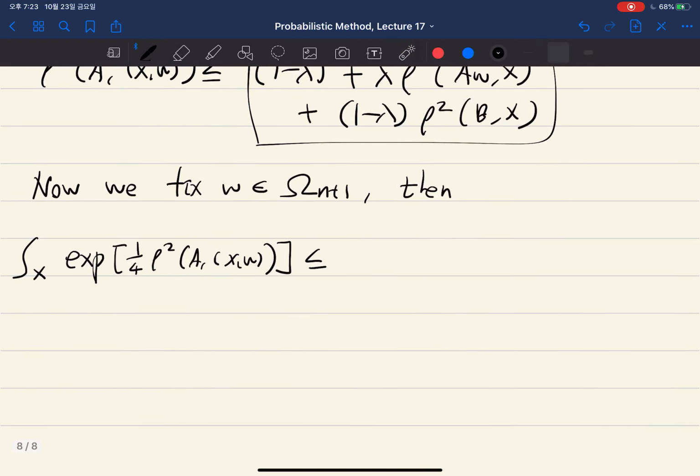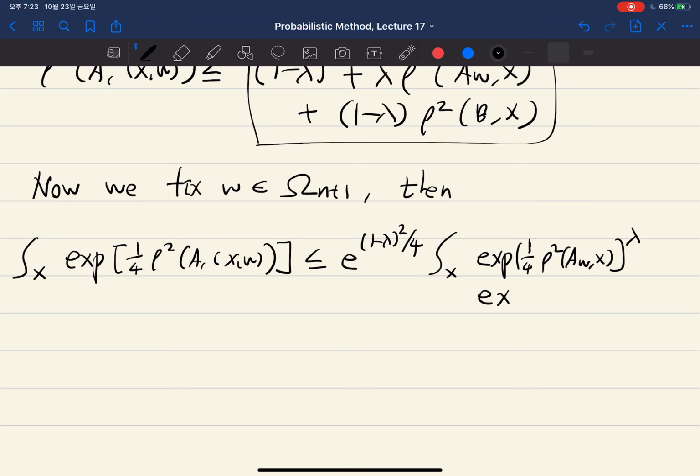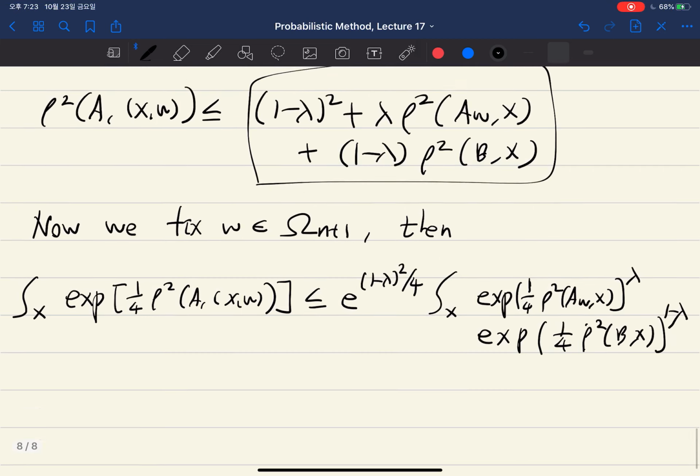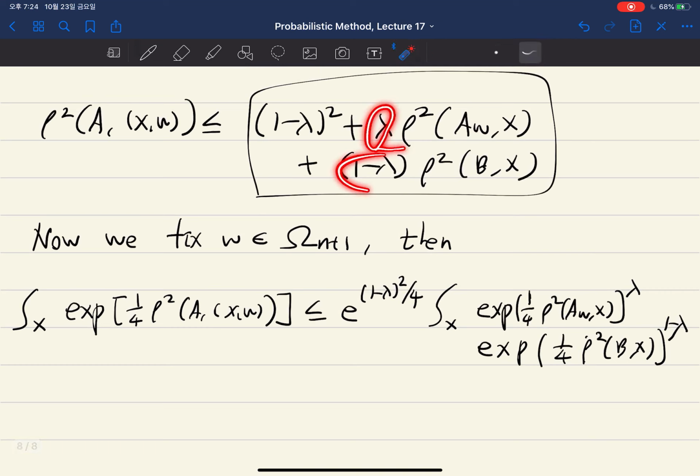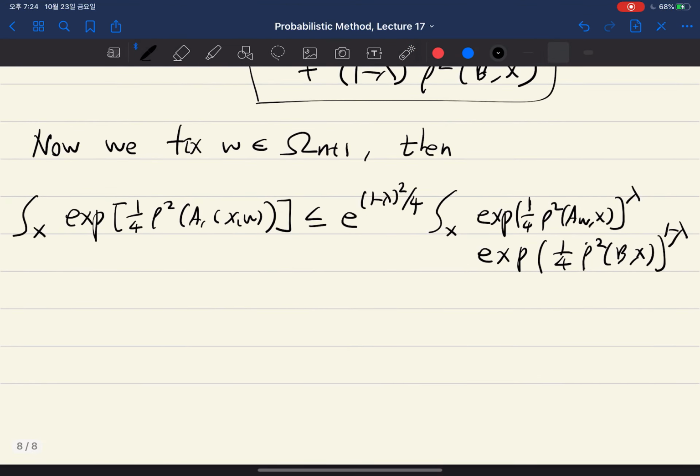Because we take the exponential, this becomes a multiplicative constant term, and the rest becomes this times this to the lambda times exponential 1 minus lambda. This constant multiplied becomes the exponent here because we take the exponential function.